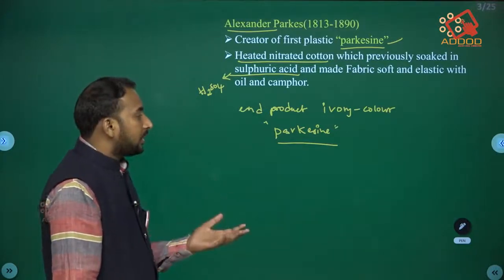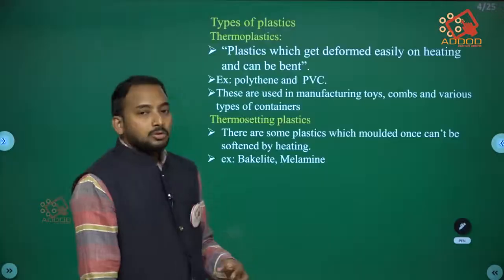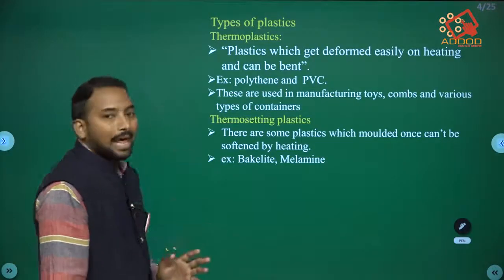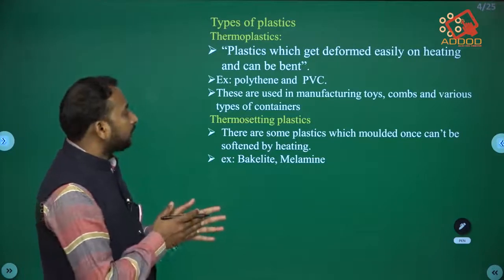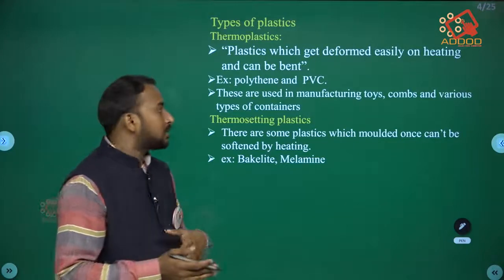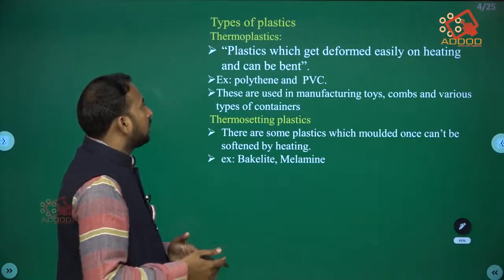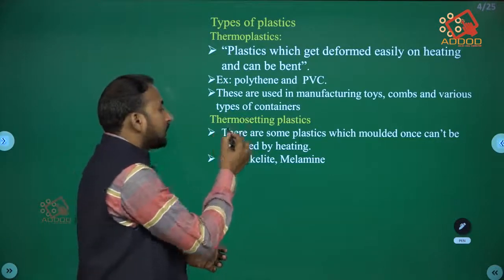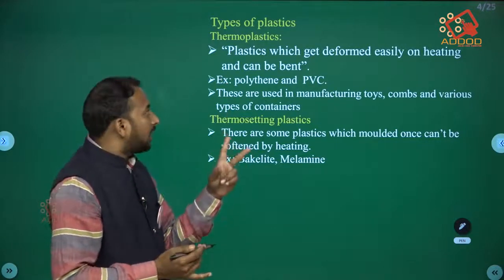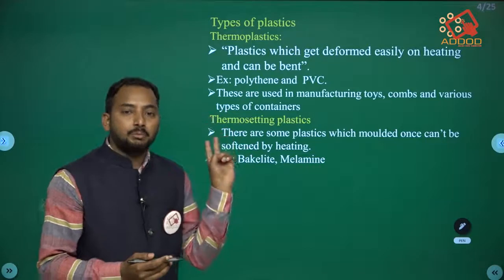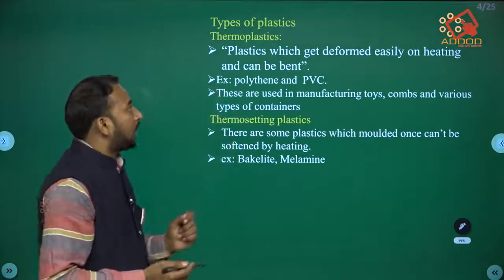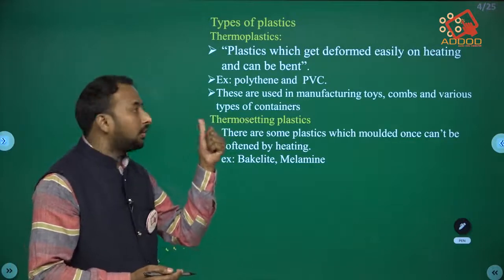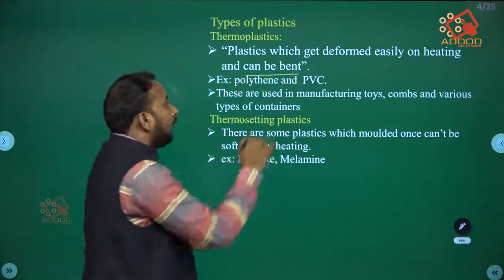Let us discuss the types of plastic. Plastic is a polymer, and based on its characteristics plastic can be classified into two types: thermoplastics and thermosetting plastics. First, thermoplastic: plastic which gets deformed easily on heating and can be bent.